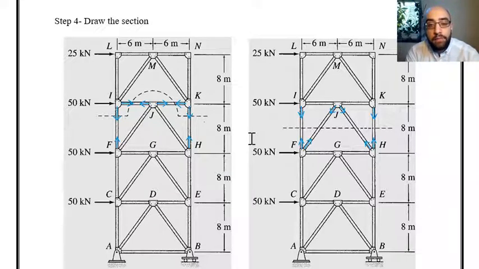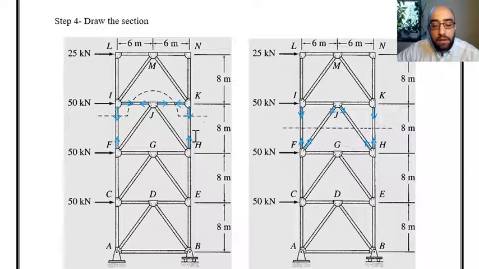It takes less time for analyzing the truss, but the trickier part of this method is drawing the section, or how we should draw the section to efficiently find the forces in all the members that are being asked and analyze the truss for just those target members. And I have to say this is based on experience.